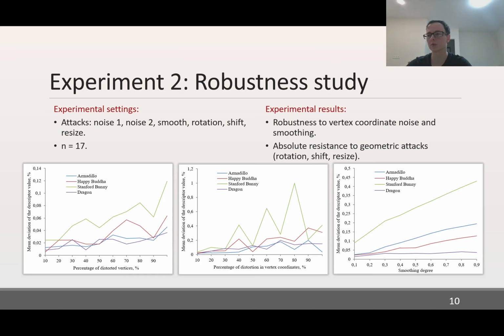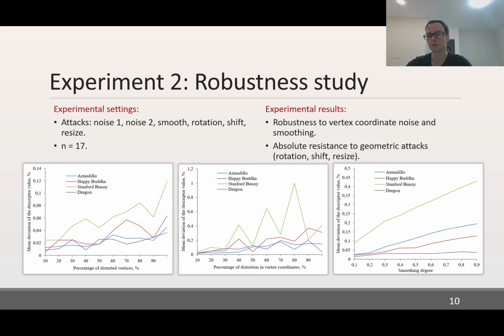In the second experiment, we investigated the persistence of the descriptor as a function of attack strength for four different models. In this case, the result of the first experiment, 17, was taken as the descriptor size. The graphs depict the deviation of the descriptor value for the two types of noise and smoothing.